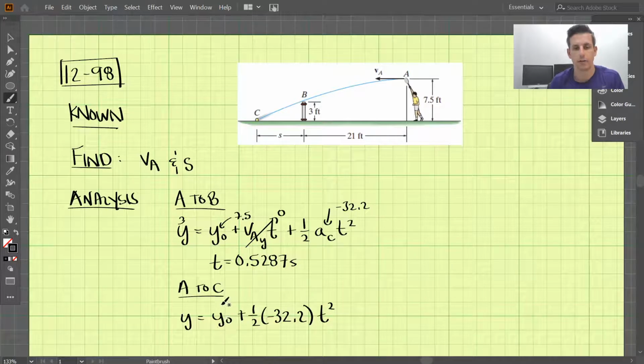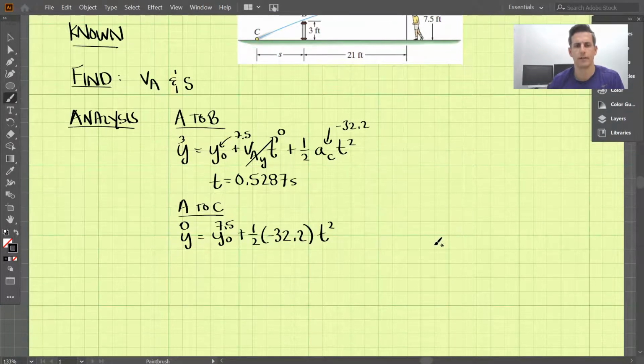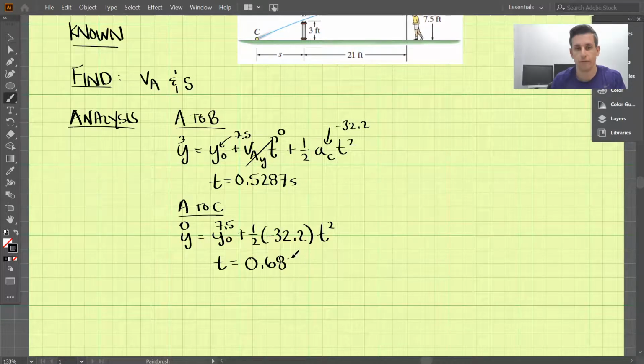The original height is again 7.5 here, and the final height is 0. Solving this equation for t, we have a total time in the air of 0.6825 seconds. Okay.